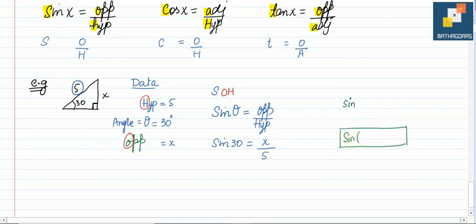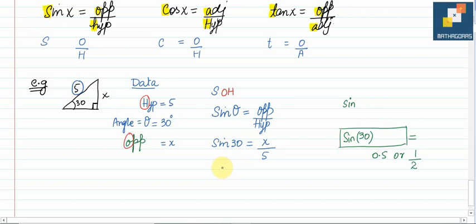Now you need to write your angle, and in this case our angle is 30, so it's sine 30. Close the bracket and press equals to. When you do that, the calculator will give you the value 0.5, or you can say 1/2. So that's how we find the value of trigonometric functions from the calculator.